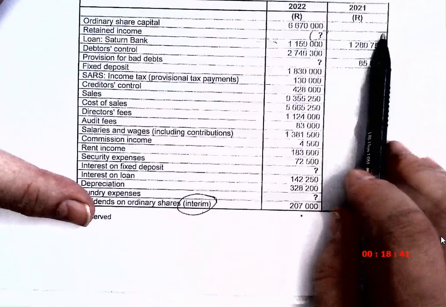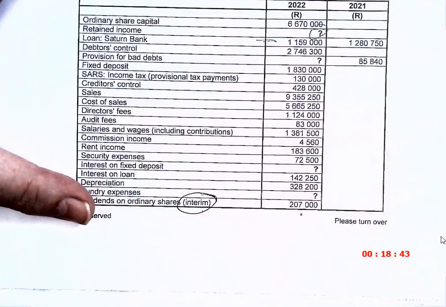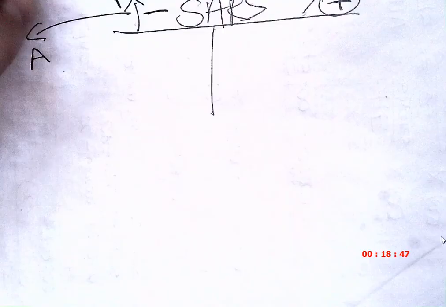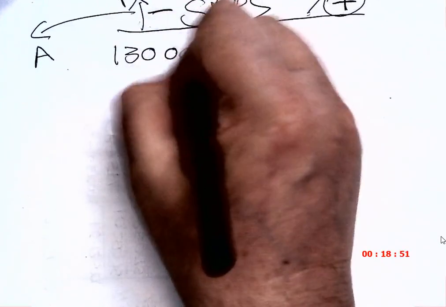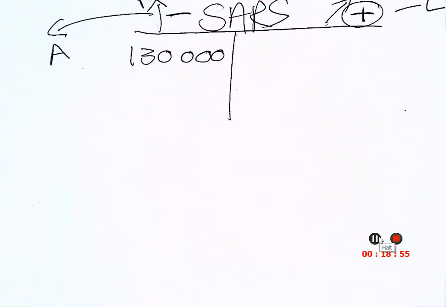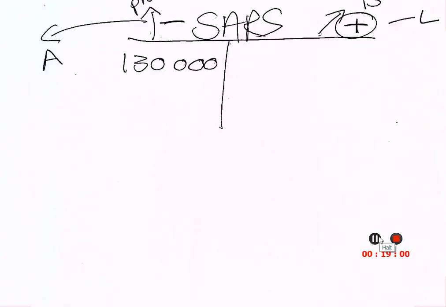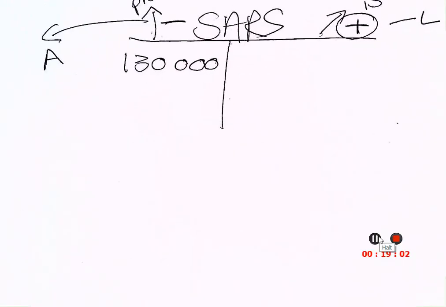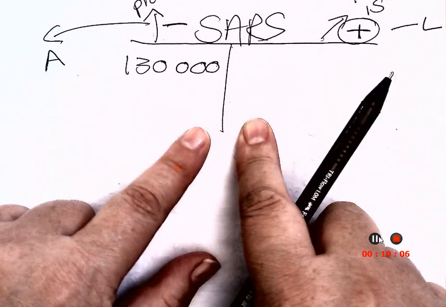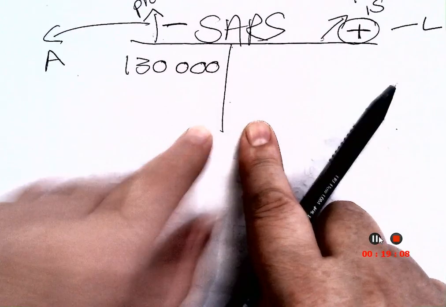You have to know if it's in the trial balance, and if they give me a debit and a credit side, and it's on the debit side, then you have to know it's provisional. Okay, so it's 130. Okay, so here goes 130. Yes? They cannot put a payment on the credit side of SARS. It's impossible. So if there's a thing on the credit side of SARS, it means they've already done this calculation.